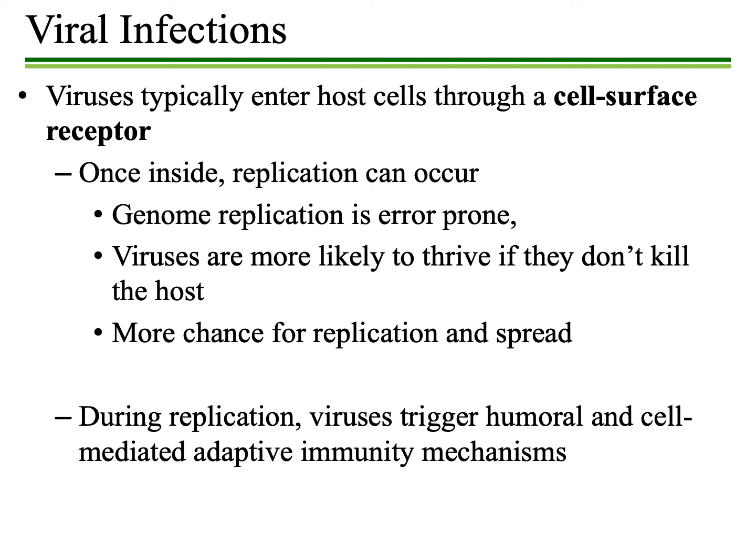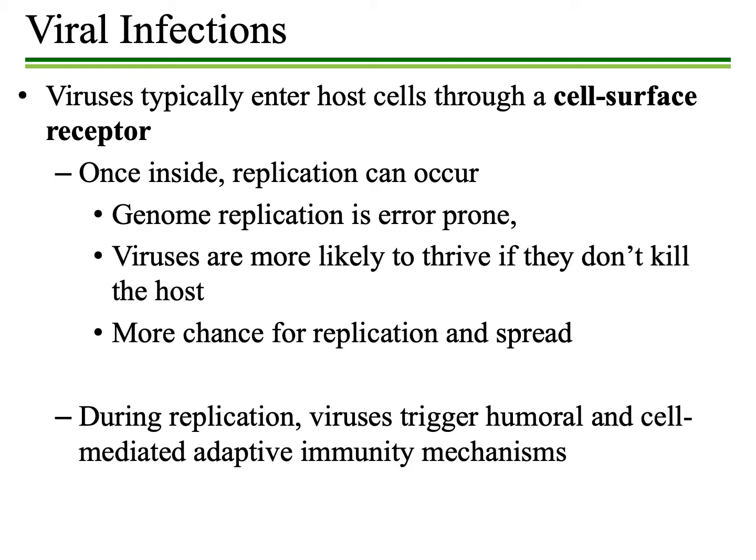Okay, so now let's delve a little bit deeper and talk about specific pathogen categories. The first category we are going to discuss today are viral pathogens. As we have discussed in a brief sense throughout the entire first half of the semester, viruses need to infect a host cell.